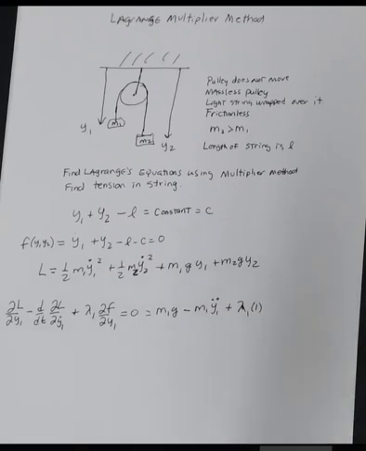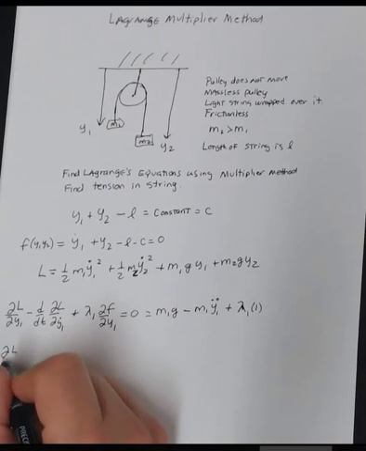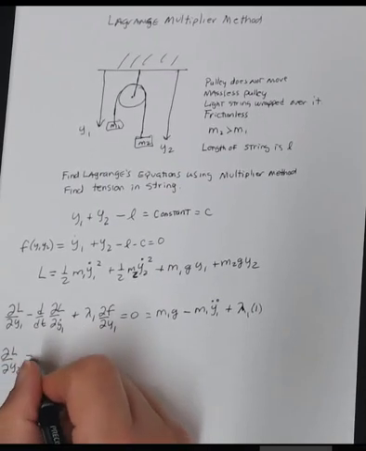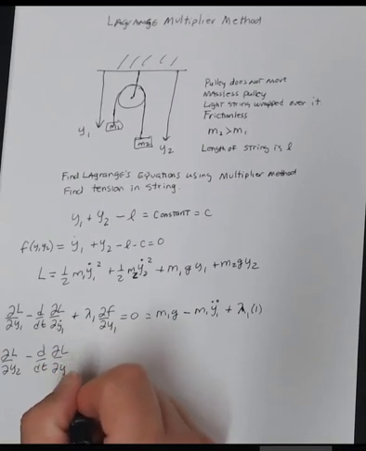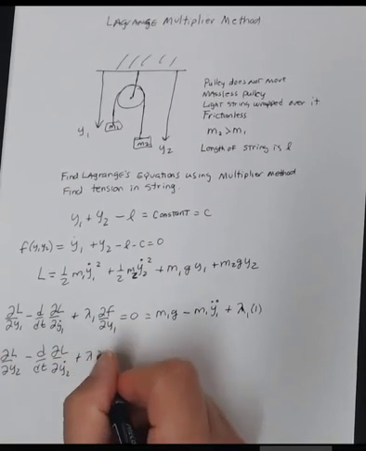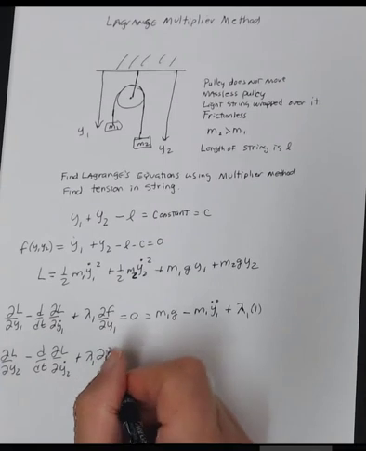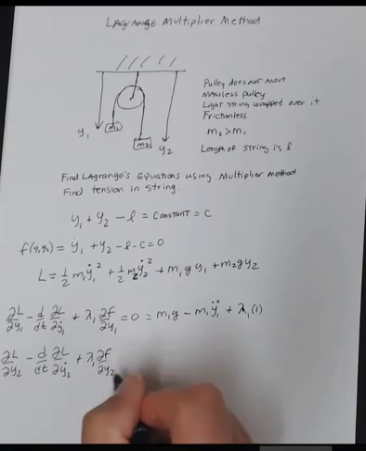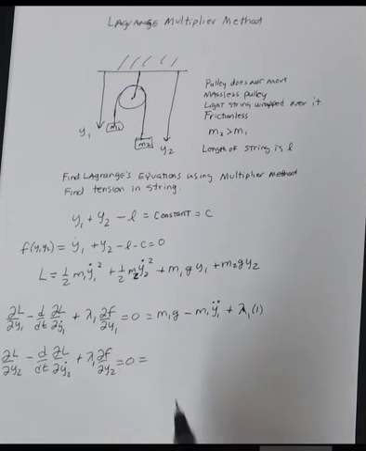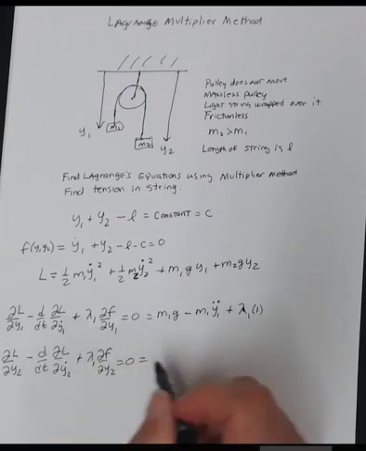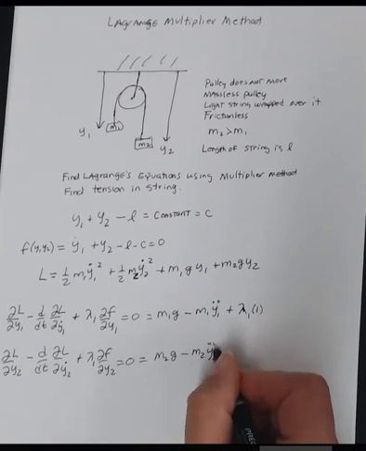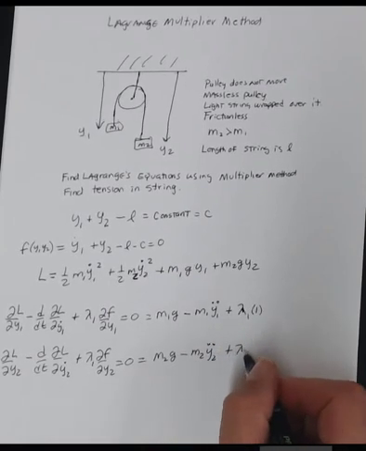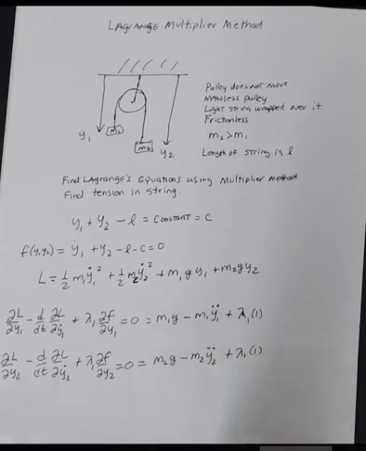So there's one of my Lagrange equations. The second one: dL/dy2 minus the time derivative of dL/dy2 dot plus lambda 1 df/dy2 equals 0. dL/dy2 is m2 g, minus m2 y2 double dot plus lambda 1 times 1.